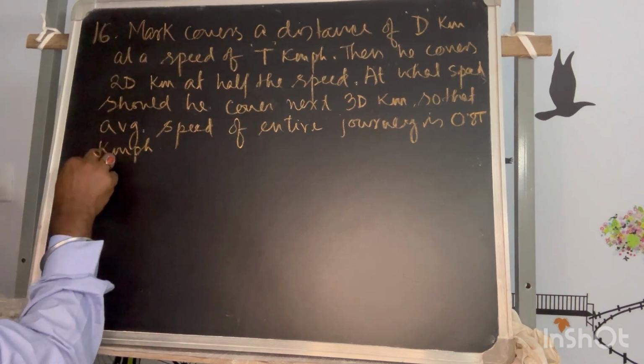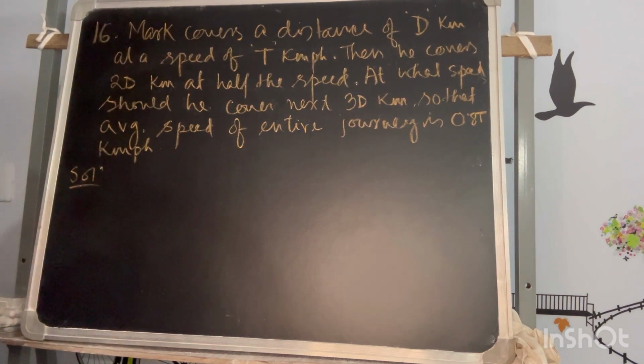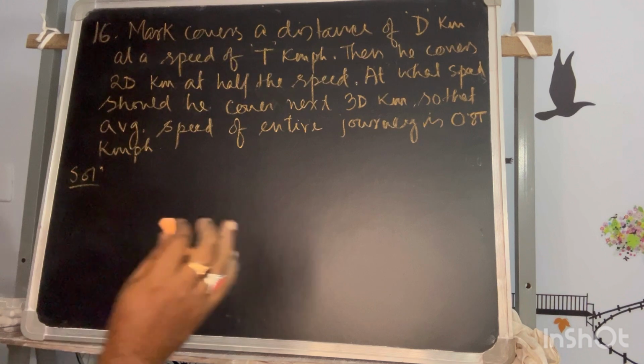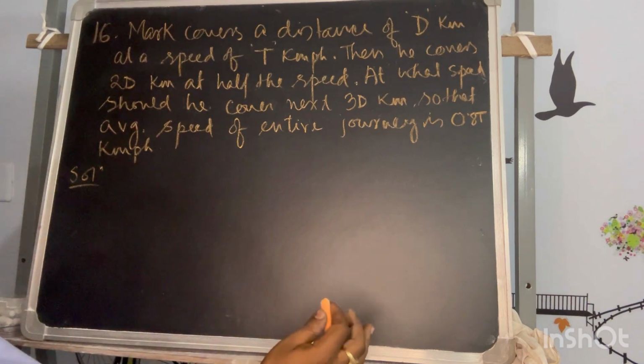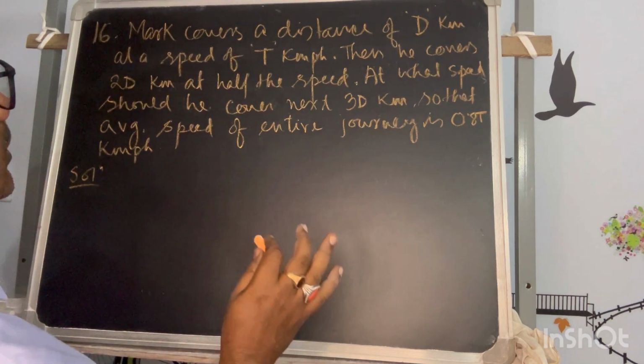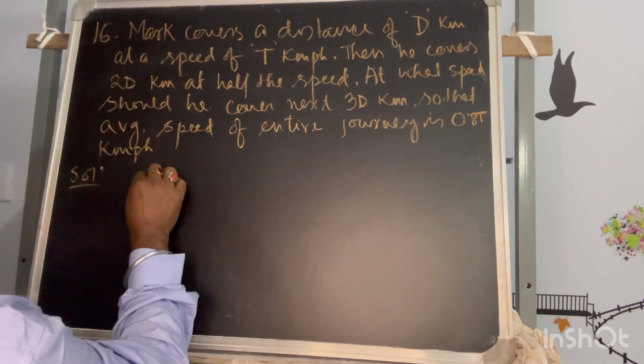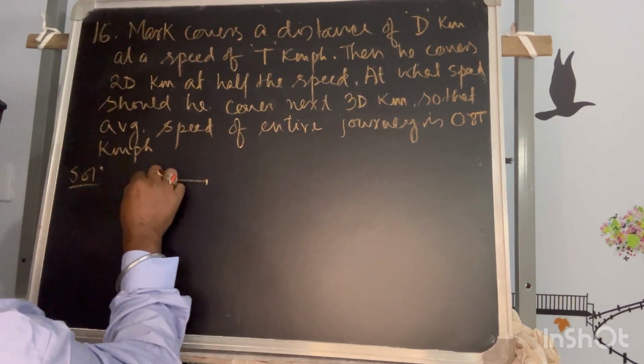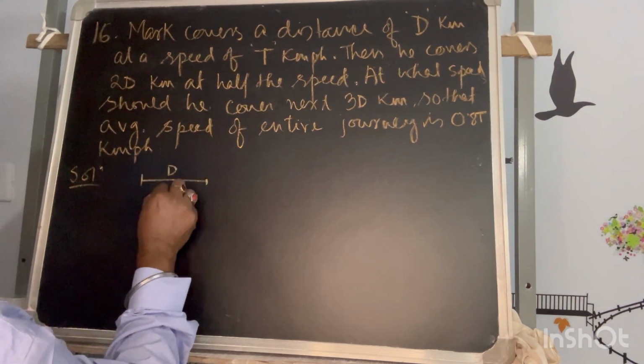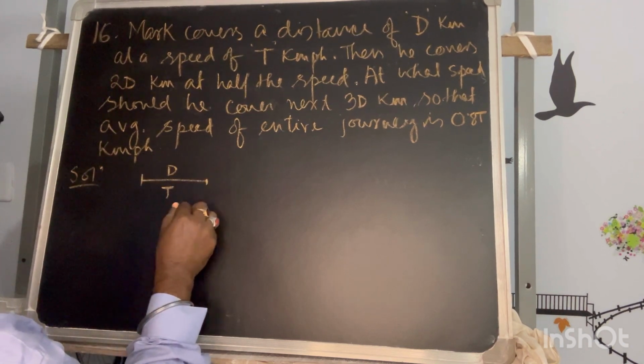Okay, so Mark covers a distance of d at a speed of t kilometers per hour. Initially he covers d at t. Then for double the length, 2d, he moves at half the speed, that is t by 2.